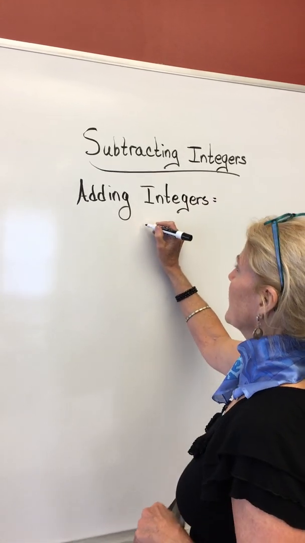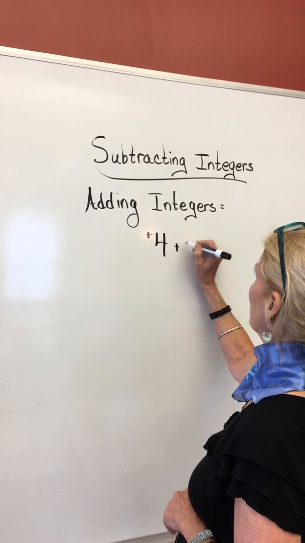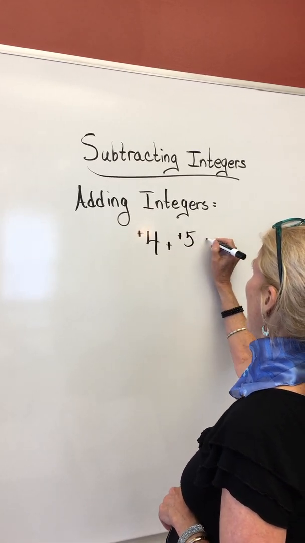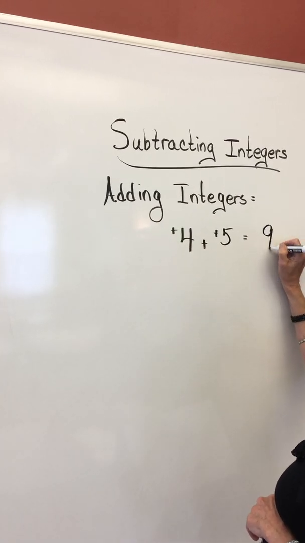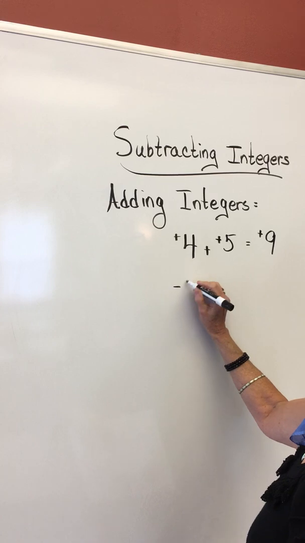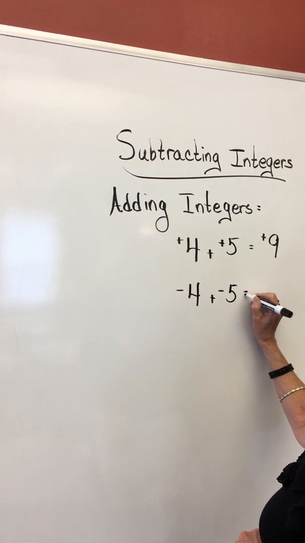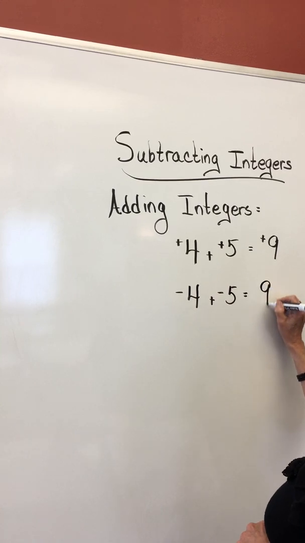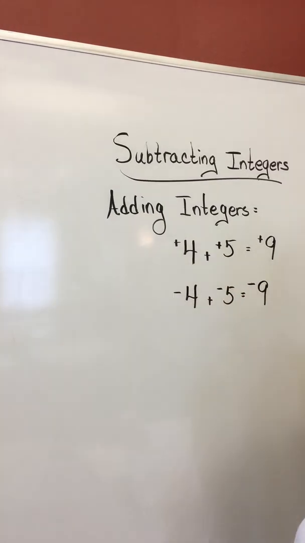Remember we said if the signs are the same, let's say we have positive 4 plus positive 5, we just add the absolute value and carry the sign to the answer, whether it's positive or negative. Even negative 4 plus negative 5, add the absolute value, carry the sign to the answer, okay?